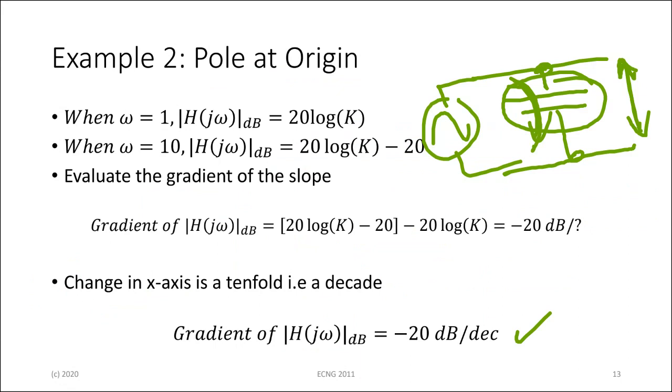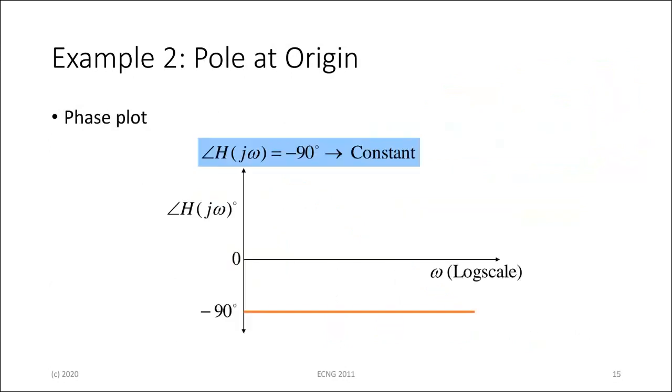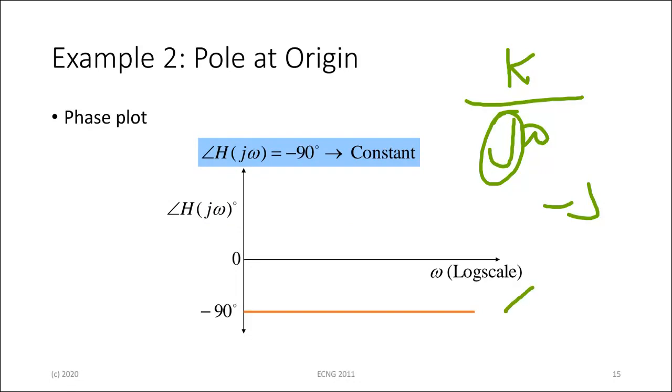All right. And what about the phase? Well, the magnitude response is going to look like that. What about the phase? H(j omega) is, remember, K over j omega, so the phase is a minus j, which is minus 90 degrees.